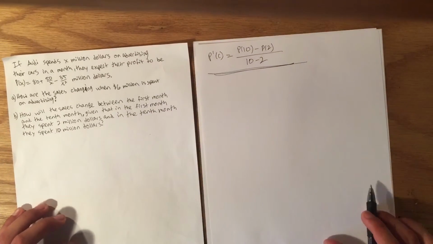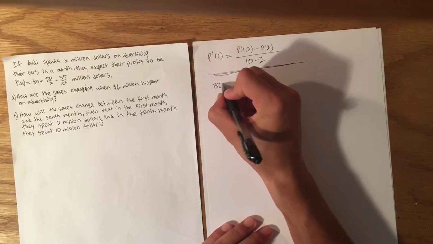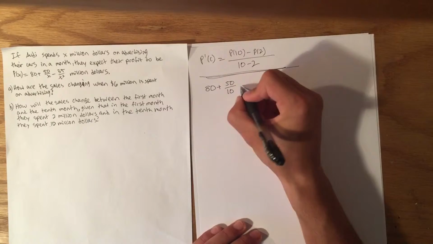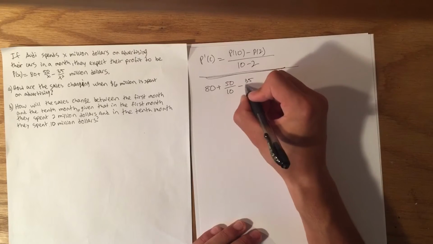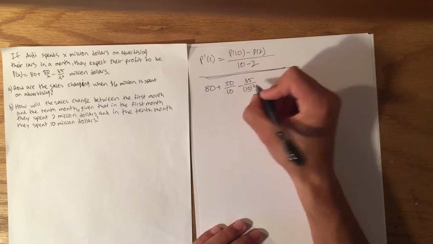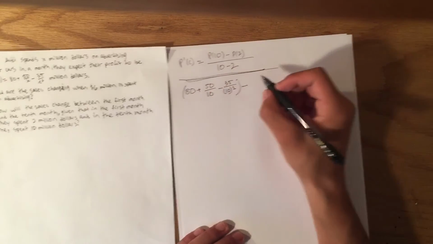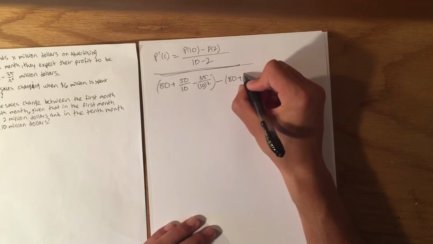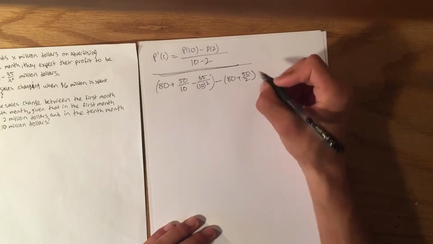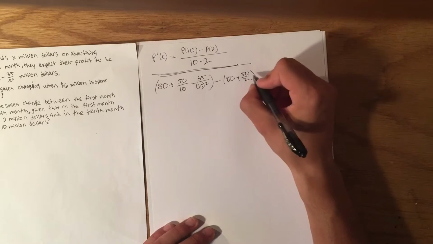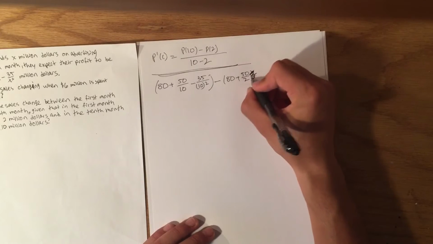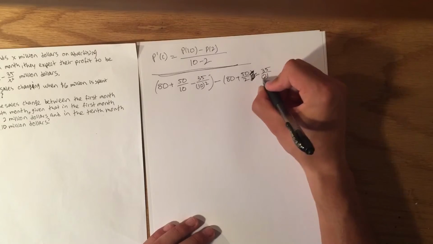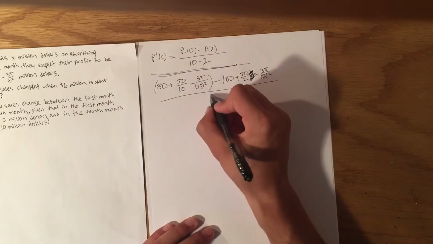We get 80 plus 50 over 10 minus 35 over 10 squared, minus 80 plus 50 over 2 minus 35 over 2 squared, all over 8.